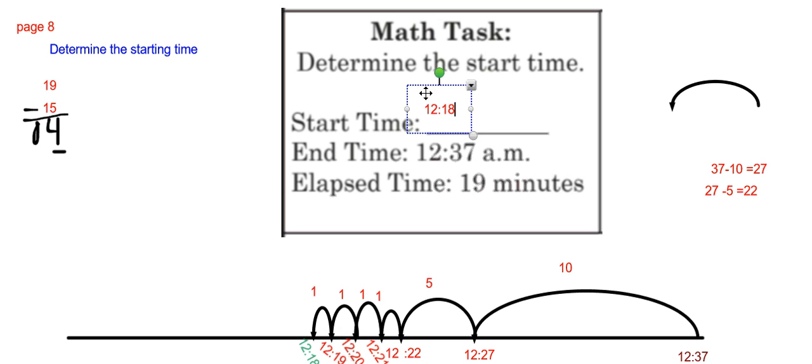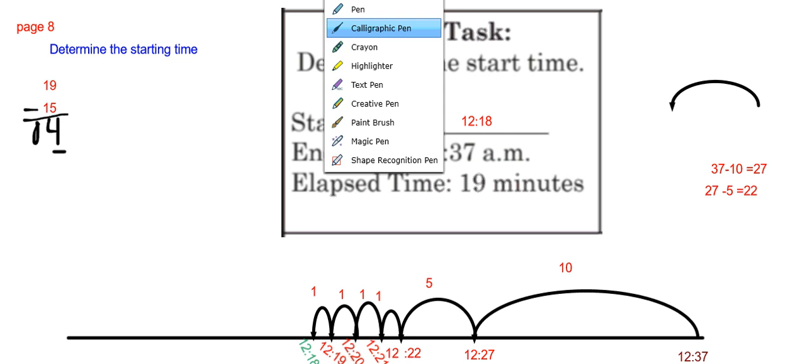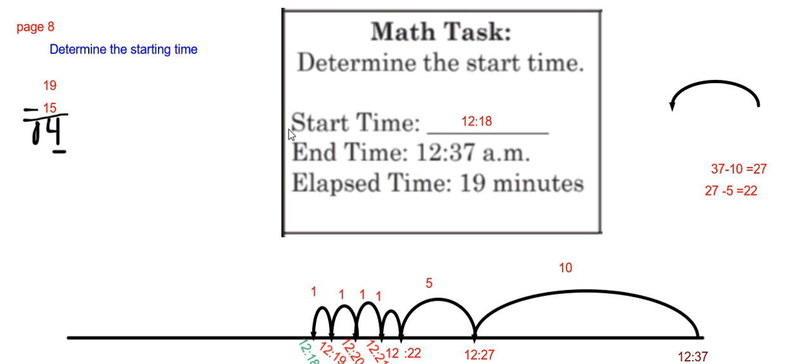Okay. So from 12:18 to 12:37, 19 minutes passed. This is what this means. There are 19 minutes from 12:18 to 12:37.